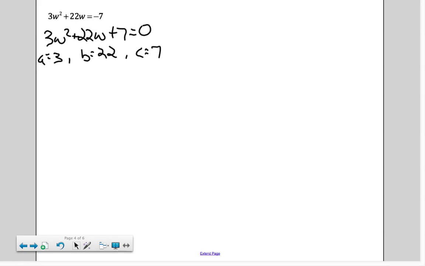So what's my quadratic formula again? Minus b plus or minus the square root of minus 4ac. Is it easier to do plus b squared minus 4ac, or negative 4ac?